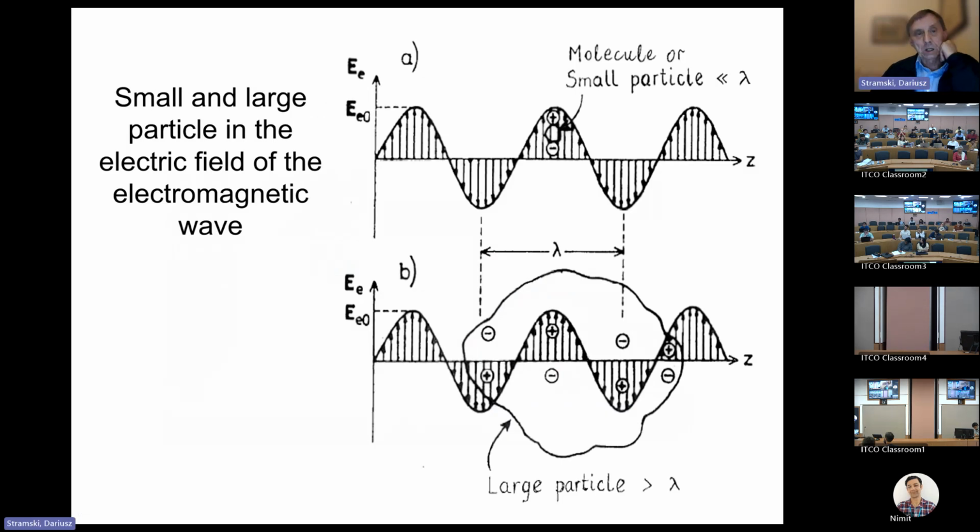Okay, so now I will characterize several basic features of scattering as a function of the size of the particle. So imagine that we have a very small object, such as a molecule or very small particle, which by small I mean is much smaller than the wavelength of light, at least 10 times smaller than the wavelength of light. So if we again think in terms of classical electromagnetic theory, we can visualize here an electric field and a small molecule or small particle embedded within this electromagnetic field.